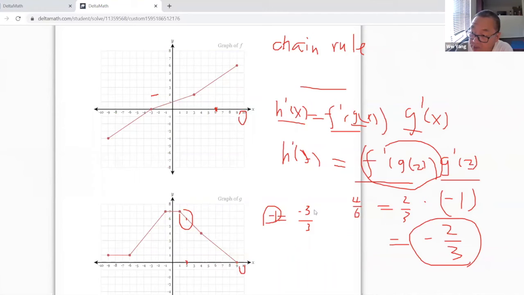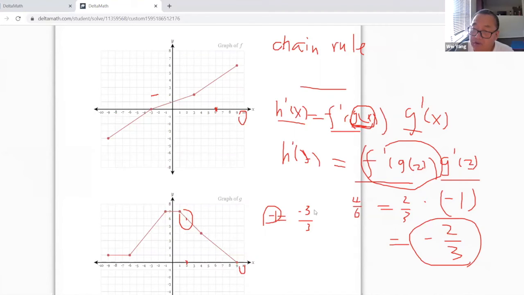Because the variable in f(x) is g(x), not x, you need to find g(2). When x equals 2, g(2) equals 6. So the variable here is 6. Then you need to find x equals 6 on the graph of f(x). This gives you the function here, which is also a linear function.